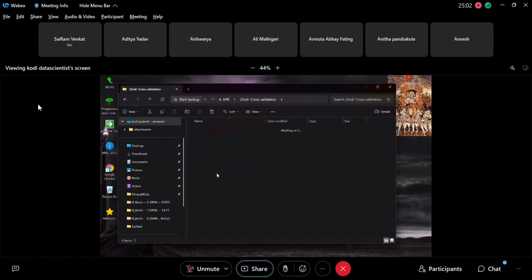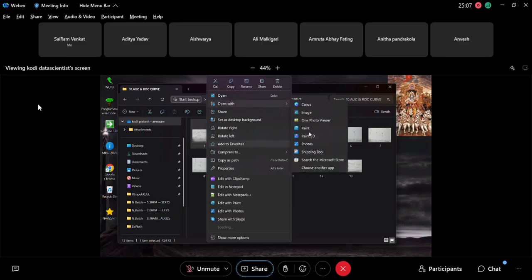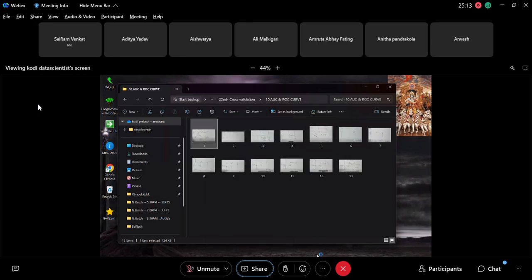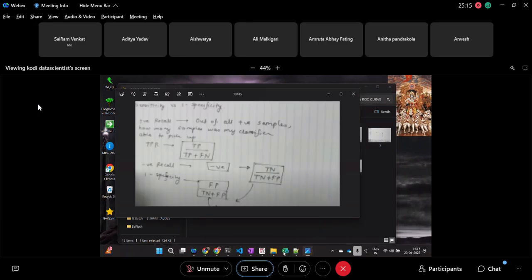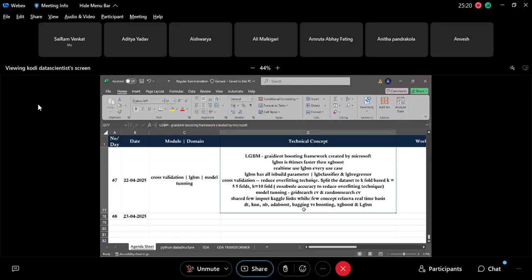Just 1 second, right click and open with. Okay. Just 1 second.